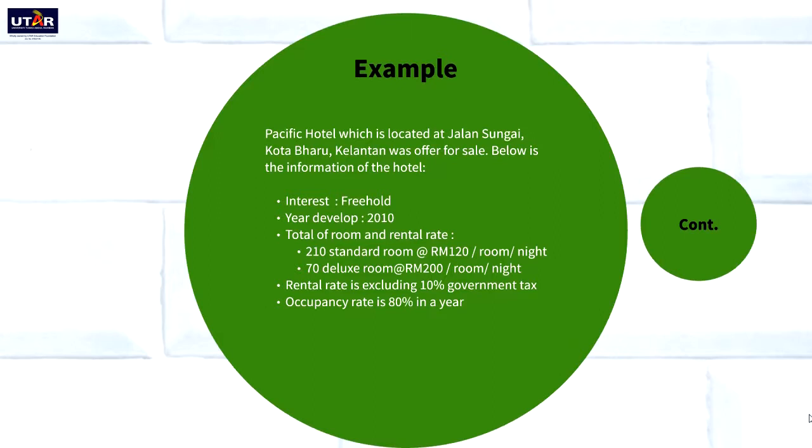Total rooms and rental rate: the hotel is accommodated with 210 standard rooms at the rate of 120 ringgit per room per night and 70 deluxe rooms at the rate of 200 ringgit per room per night. The rental rate already excludes the 10% government tax and the occupancy rate is 80% in a year.